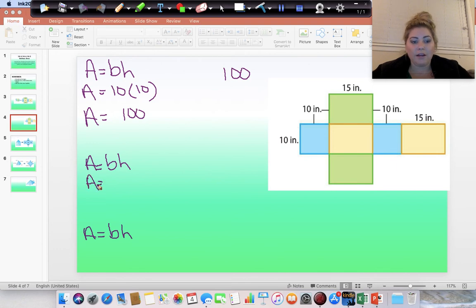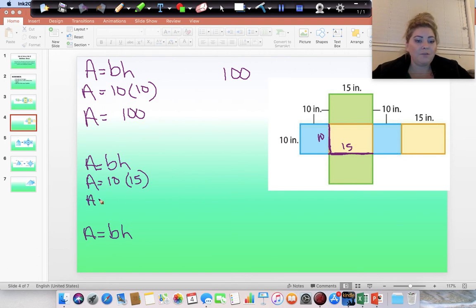So then I'm going to find the area for, let's do the orange one. So the height for this one is 10, because if this is 10, then this is also 10. And the base here is 15, because if this is 15, then this is also 15. So the base and the height are 10 and 15.